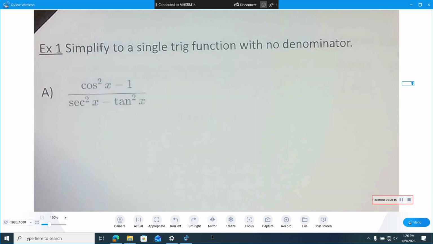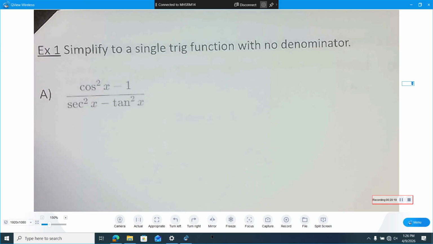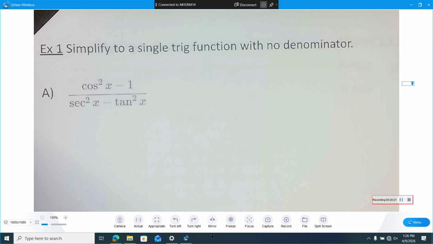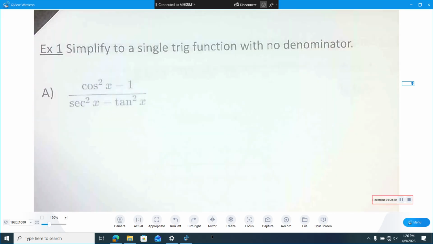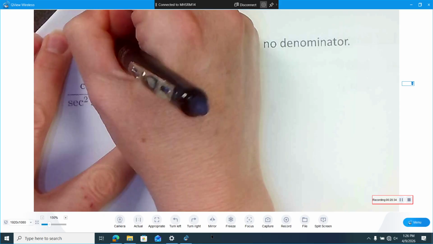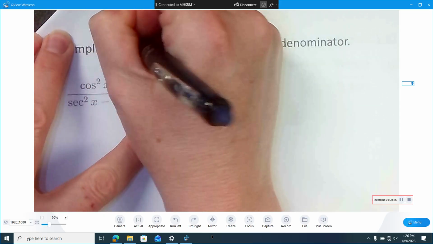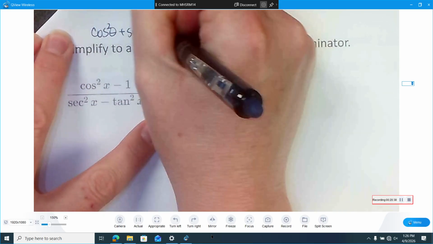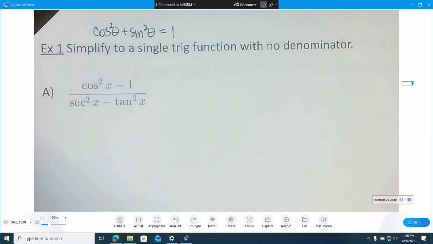So here's what we're doing today. We are simplifying to a single trig function with no denominator. I'm going to write down my big kahuna. Cosine squared theta plus sine squared theta equals 1. I just like to have it written down because I can see it a little bit more easily.